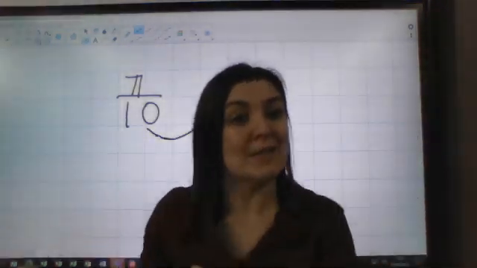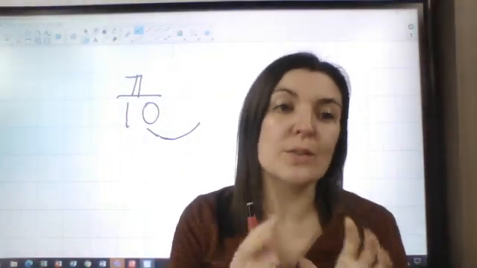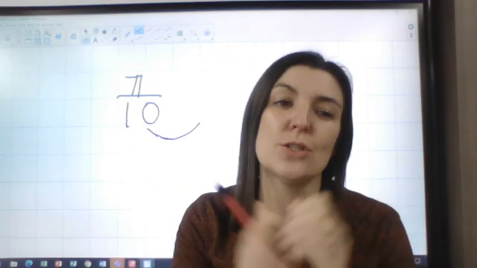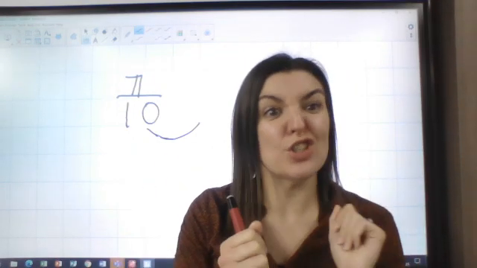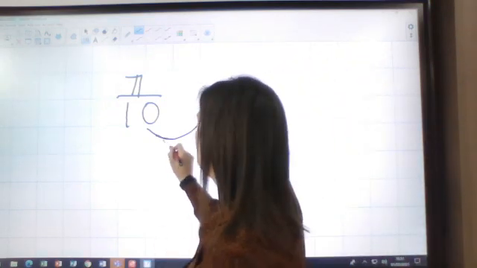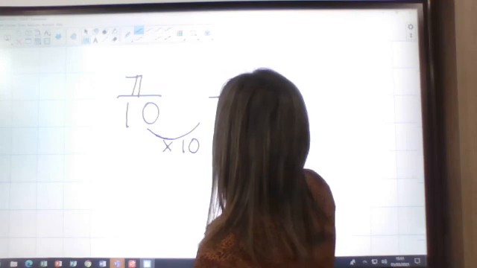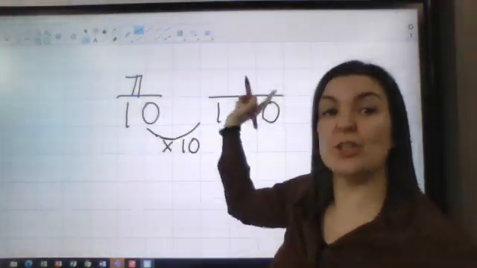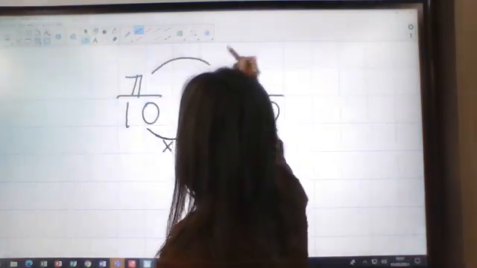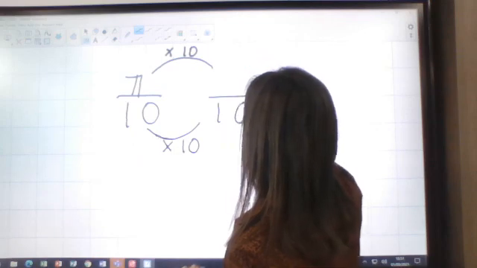Have a think. You might say it out loud if somebody sat with you, or out loud to yourself. What would I multiply 10 by to get 100? Think about your times tables. We should have remembered that 10 multiplied by 10 is 100. Whatever I've done to the denominator, I do to the numerator. So 7 multiplied by 10 is 70.